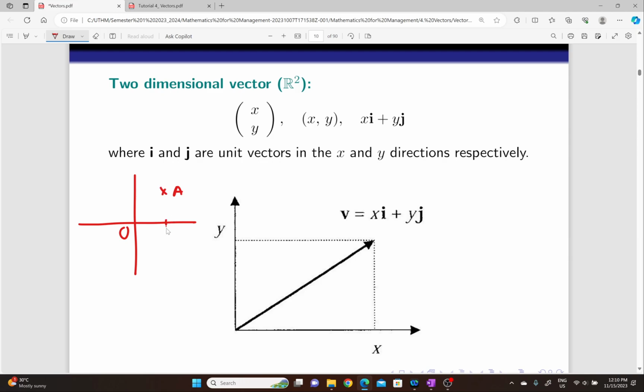That was 3 here, 4 here. The coordinate is 3, 4. So when you want to write vector OA, we can write it as the x coordinate up, y coordinate down like this. We call this a column vector.